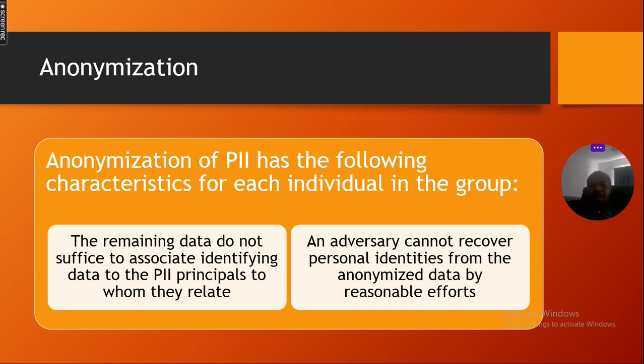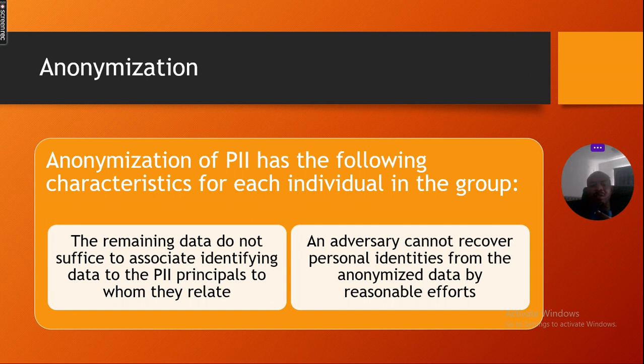Because if you've taken out the name when you are de-identifying, you take out the address, the social security number, the zip code, whatever is remaining, maybe the age or the sex, is he a male, is he a female, the health status, these are not enough to find out who this information belongs to.